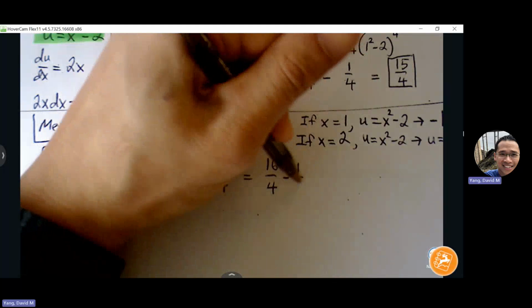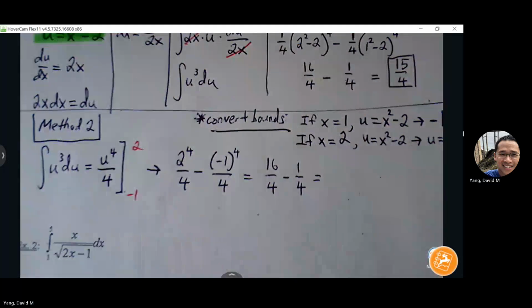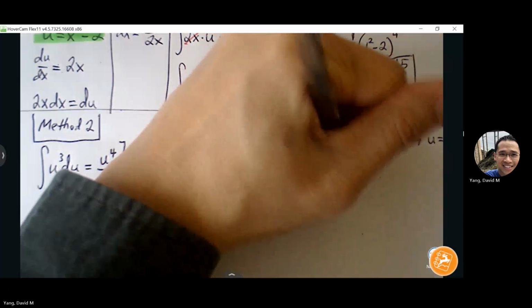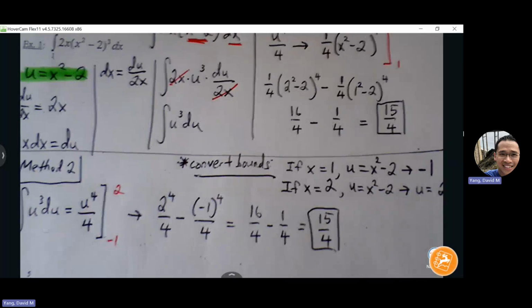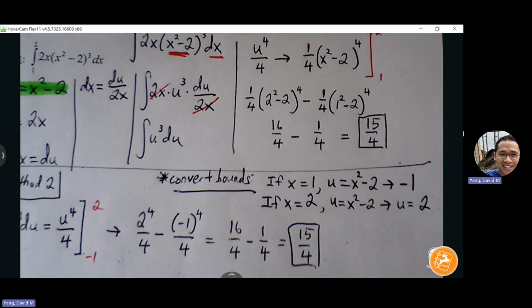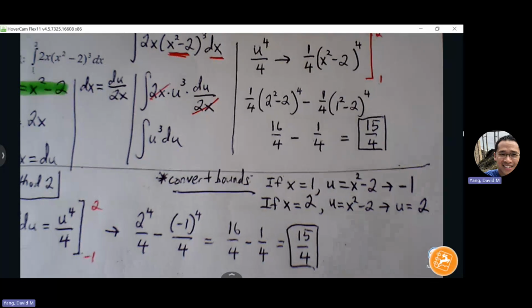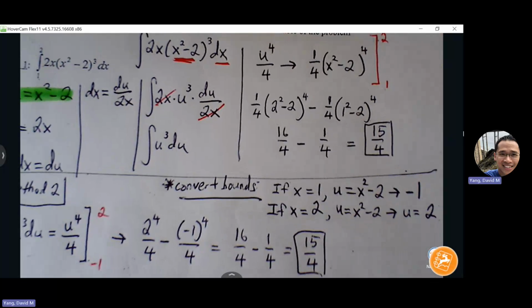Negative 1 to the fourth is 1, so 1/4. Yes, and we should get the same answer. It's the same problem, we're just evaluating the bounds at a different spot.